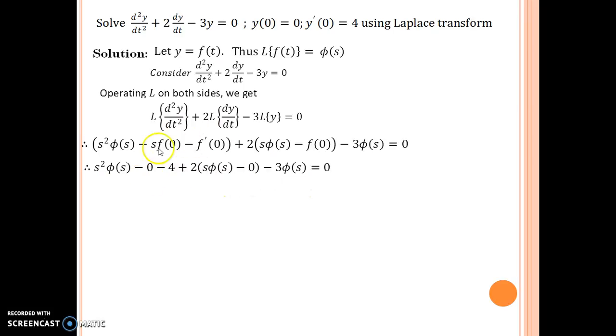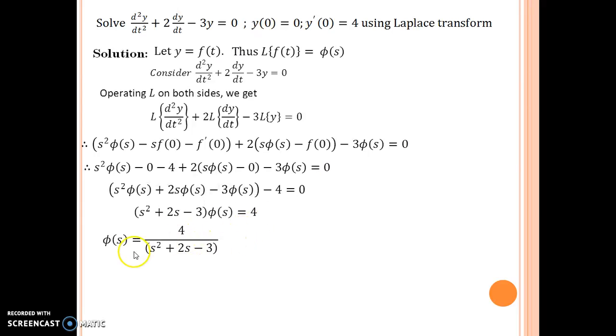It's just one step ahead. After this, you collect the like terms: s square phi of s plus 2s times phi of s minus 3 times phi of s minus 4. Then you collect phi of s and you finally get phi of s equals 4 over s square plus 2s minus 3.